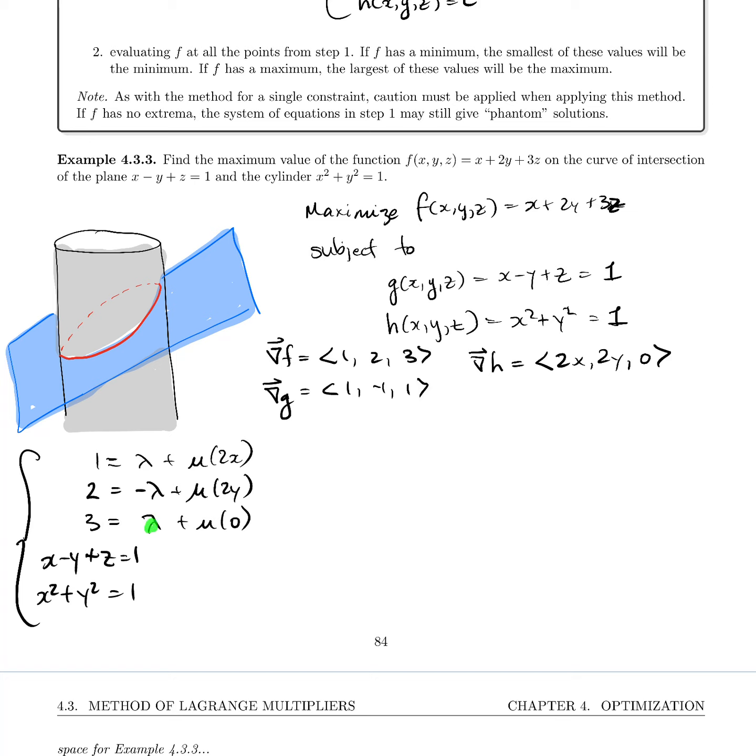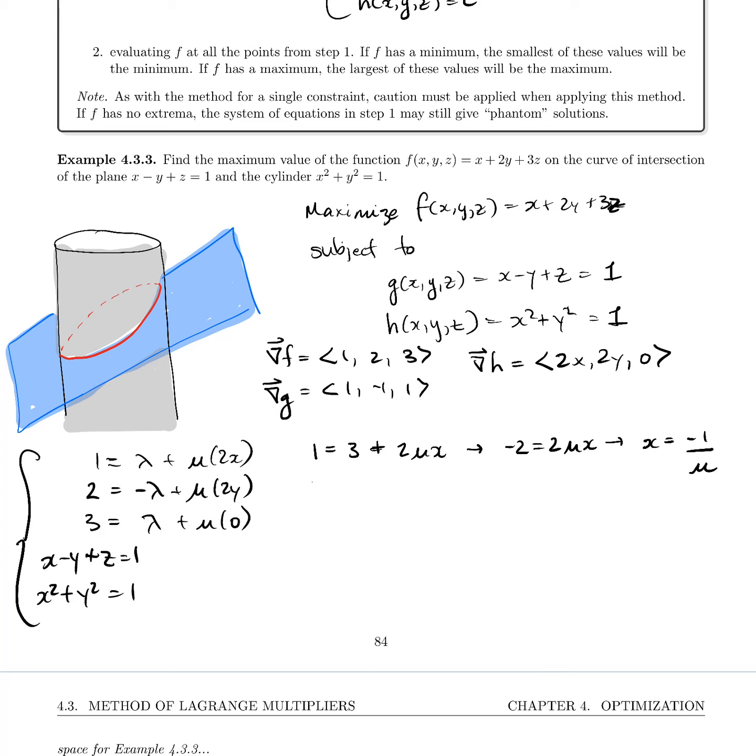Let's begin by taking lambda is equal to 3 and plugging it into the equations above. So I get 1 is equal to 3 plus 2 mu x, or minus 2 is 2 mu x, or x is minus 1 over mu.